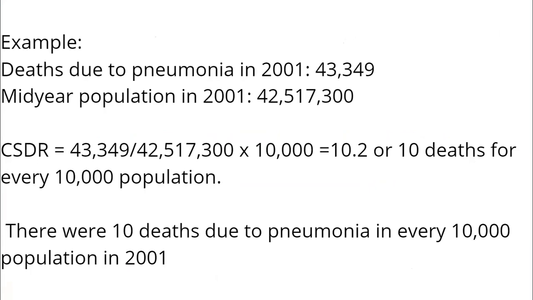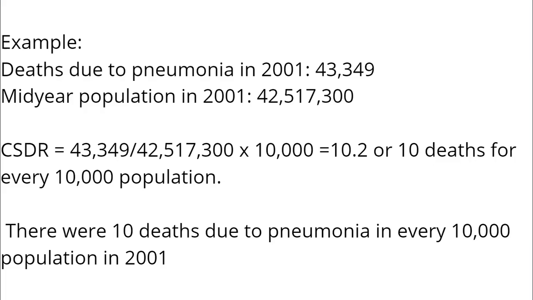The total number of deaths due to pneumonia in 2001 equals 43,349. And the total population in that same year is 42,517,300. Compute for the cause-specific death rate or mortality rate.